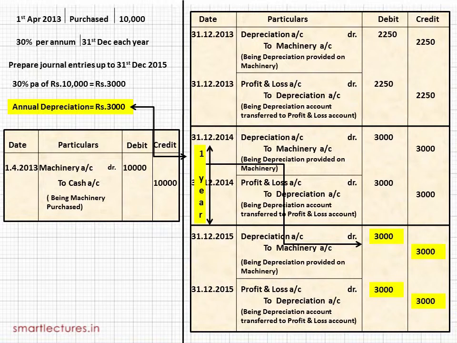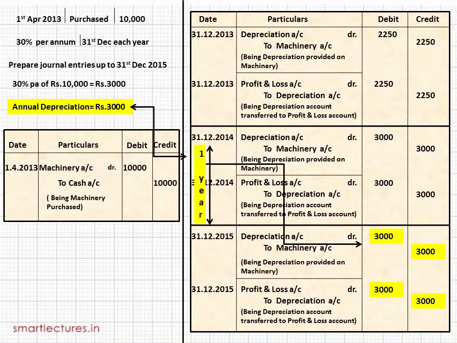So you must have noticed this thing, that depreciation is provided on the basis of usage during the year. If the machinery has been used for the whole year, you will have to provide the depreciation for the whole year. Or if the machinery has been used for part of the year, you will have to provide part depreciation.